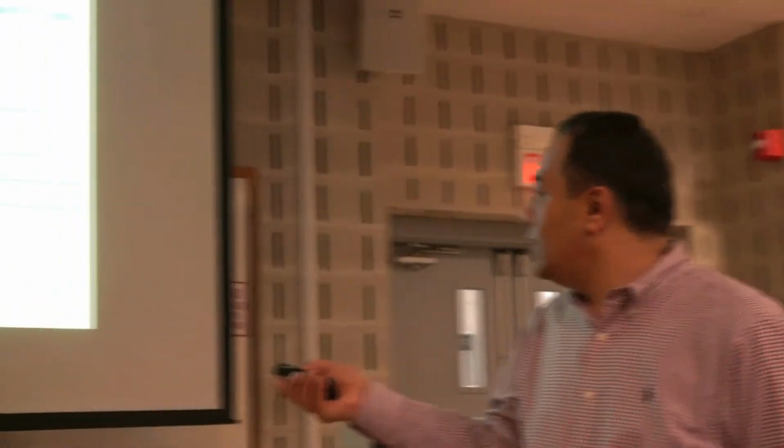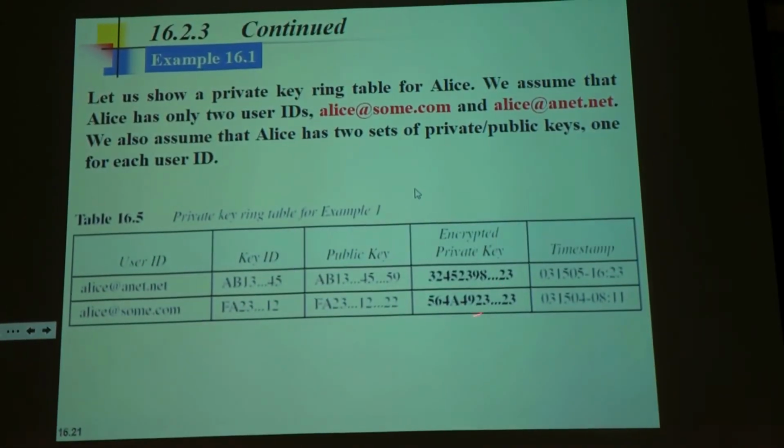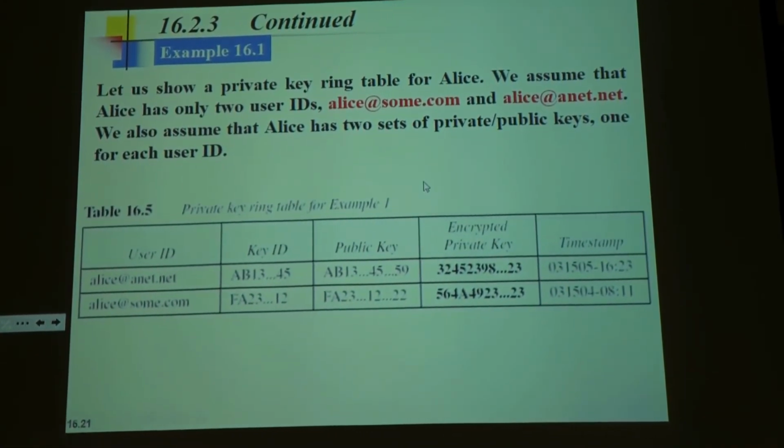The public key is public, that's fine. The same thing applies here. And then you have the encrypted private key. This is not the private key; this is the encryption of the private key.